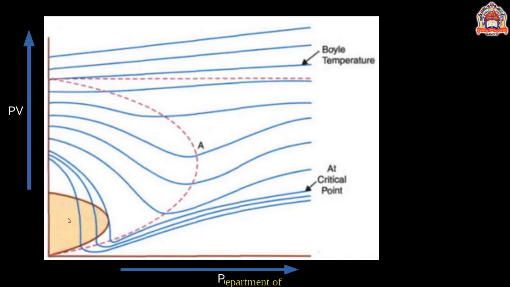When the liquefaction is complete, from here to here the process of liquefaction happens, PV gradually increases with increase in P. This shaded area represents the region of liquefaction.